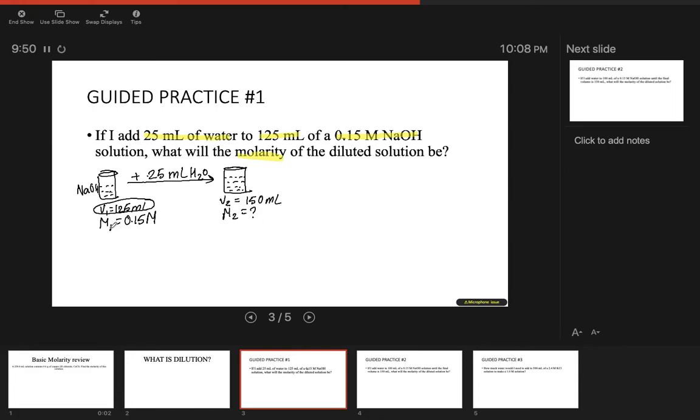Now I have my M1, I have my V1, I have my M2, I have my V2. Remind me of the formula again. The formula was M1 V1 equals M2 V2, right? In this case, I need to find M2. That means I need to get rid of its friend V2 right here. To do that, I divide both sides by V2.